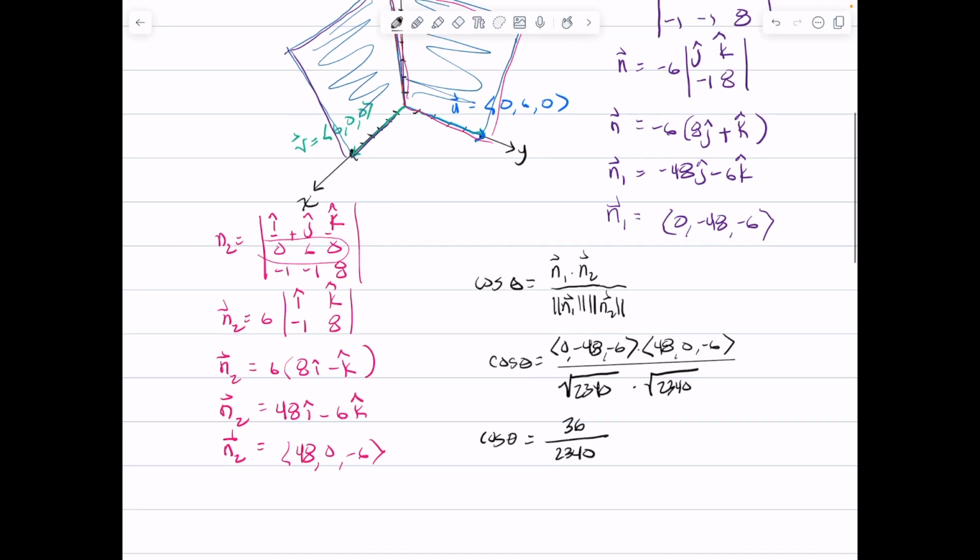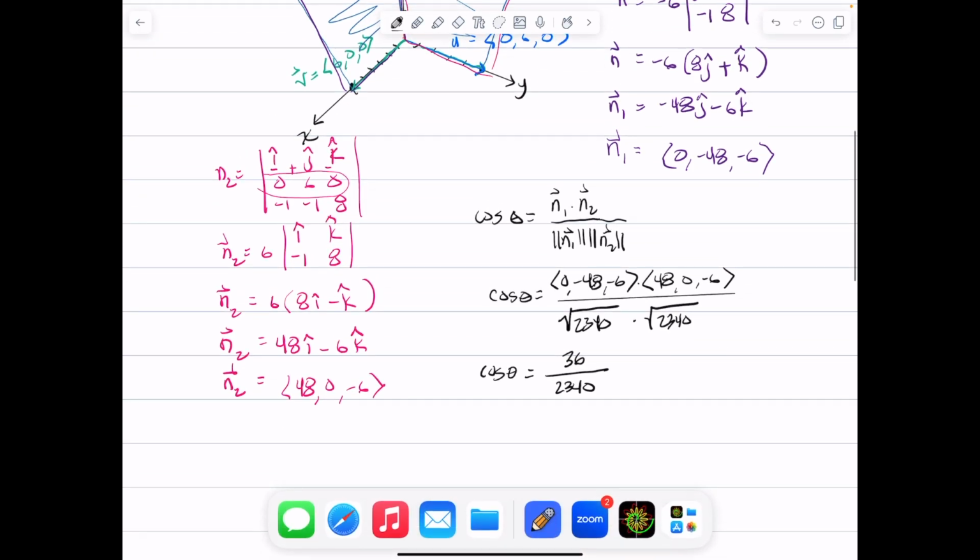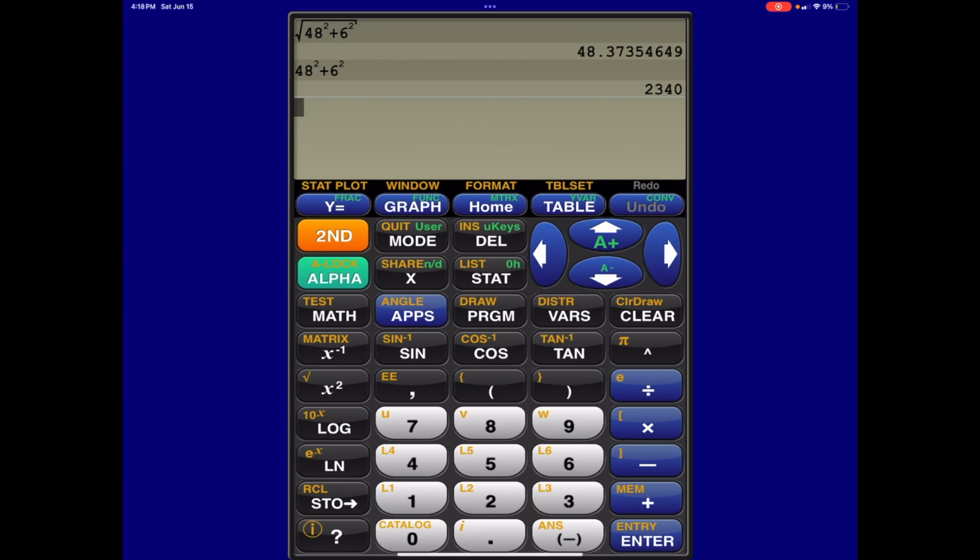And working on that with the calculator, let's find that inverse cosine of 36 divided by 2340, which is 1.55 in radians.